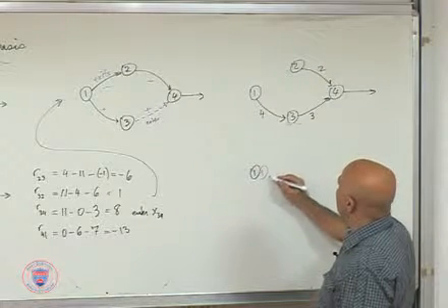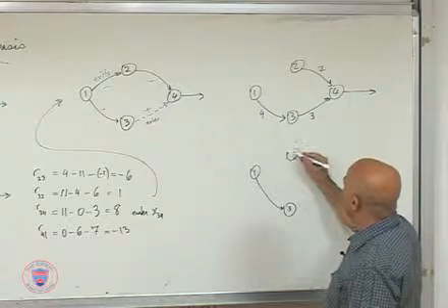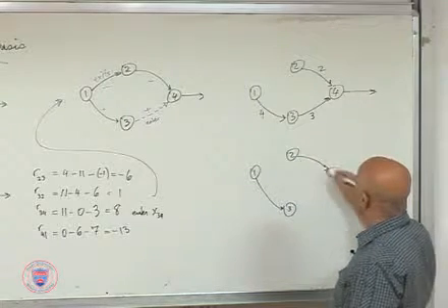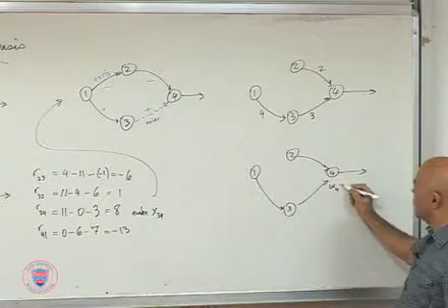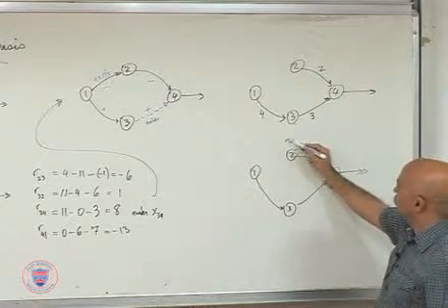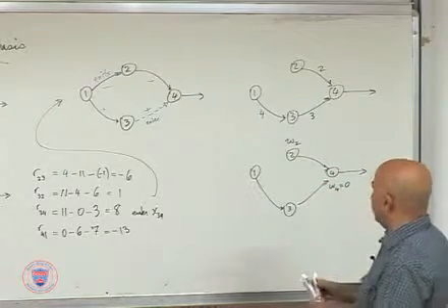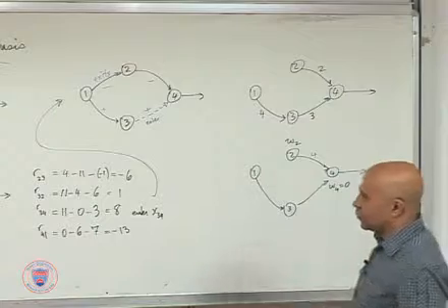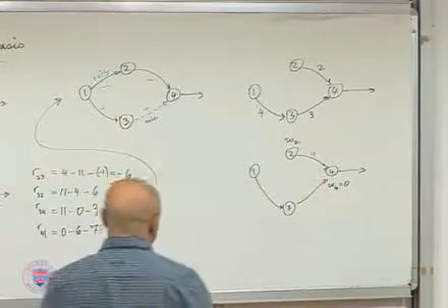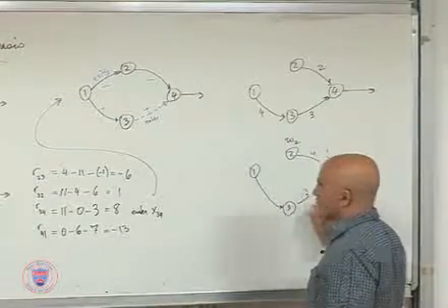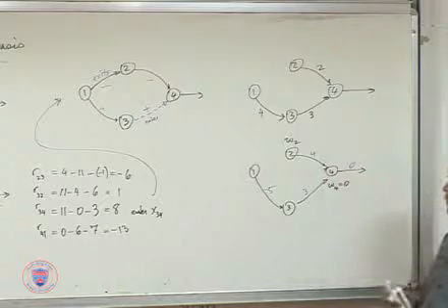Compute the reduced costs now. W4 is 0. W2 is, you need the cost information here again. 3, 4 was 3. This one was minus 5. This one was 0.